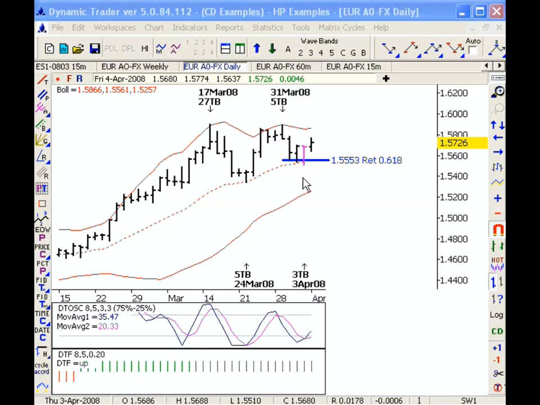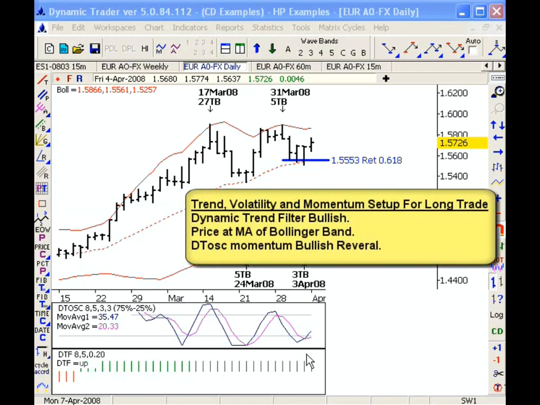I've got a couple other indicators on the chart that we didn't show in the book, but I just want to show you that you can incorporate other trend following or volatility indicators into the plan just as described in the book. Down below in the indicator window is the DTF, which is called a dynamic trend filter, which is unique in the Dynamic Trader program, but other software programs have something similar. It's based on what's called adaptive moving averages.